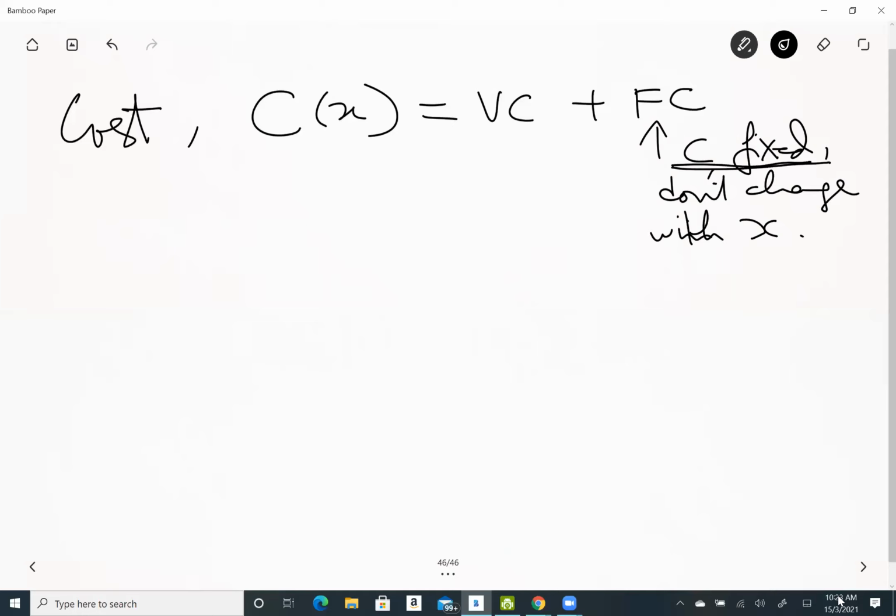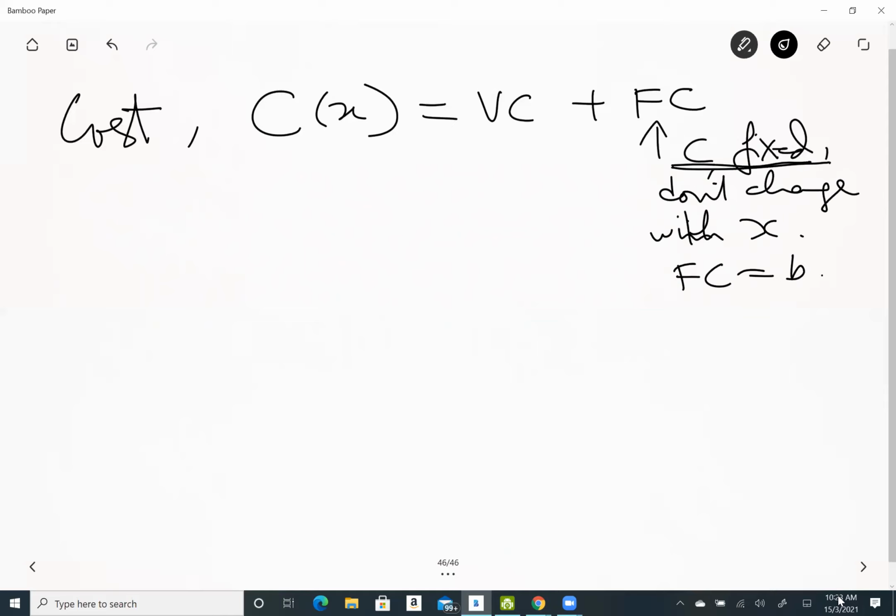So that is fixed cost. It is the cost where output is 0 and you still incur it. Therefore, the fixed cost is equal to B. Correct? So B is the fixed cost.